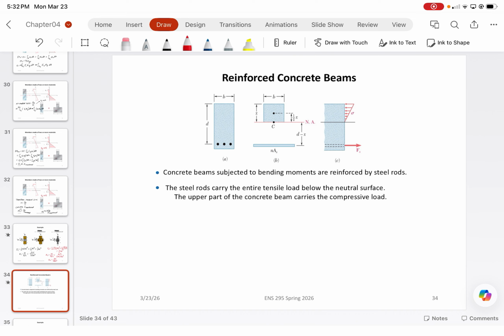So, what are our general steps? Again, we want to transform the steel cross-section. So we use the modular ratio to relate the elastic moduli of the steel to the elastic moduli of the concrete. From here, we need to determine the neutral axis. How do we do that?